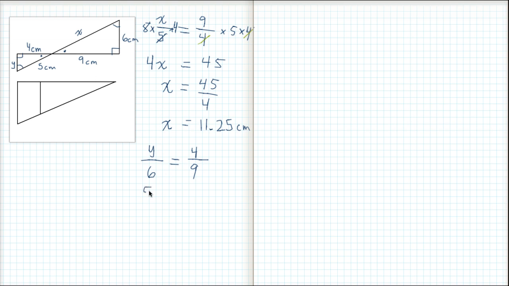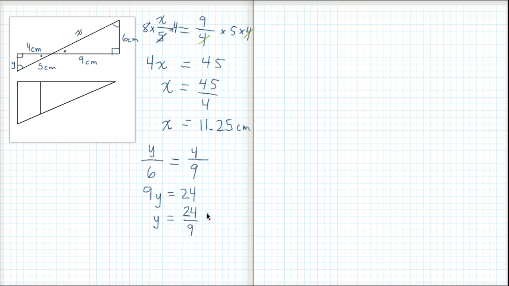Cross multiplying gives me 9y equals 24. And then I do y equals 24 divided by 9. I could use a calculator up to this point, but I'm going to simplify it using fractions.